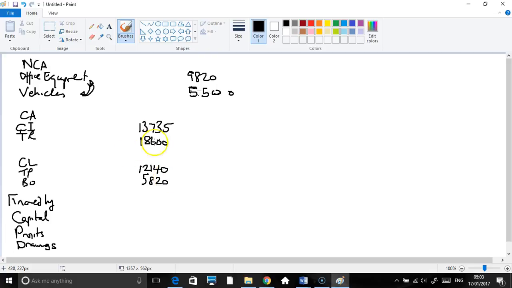So this is what we have. So we need to add this together and take away this, and then we get what's referred to as our working capital.